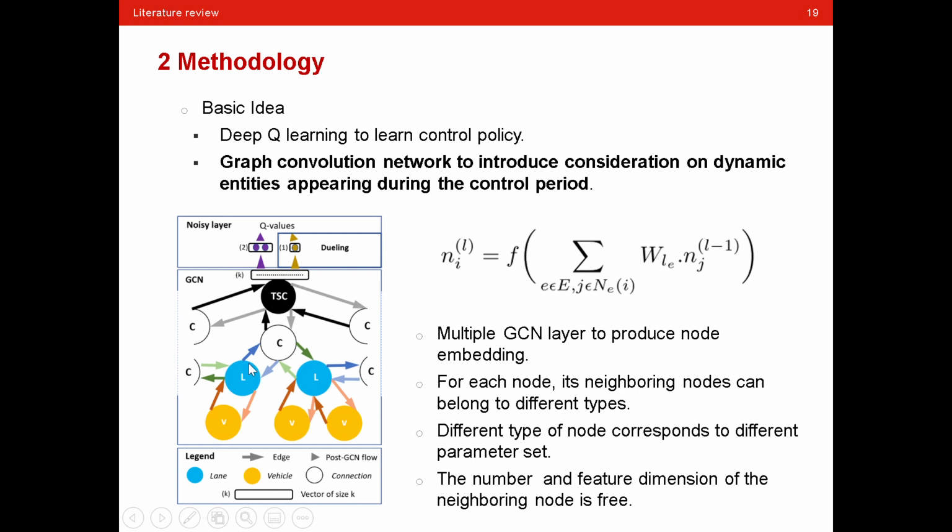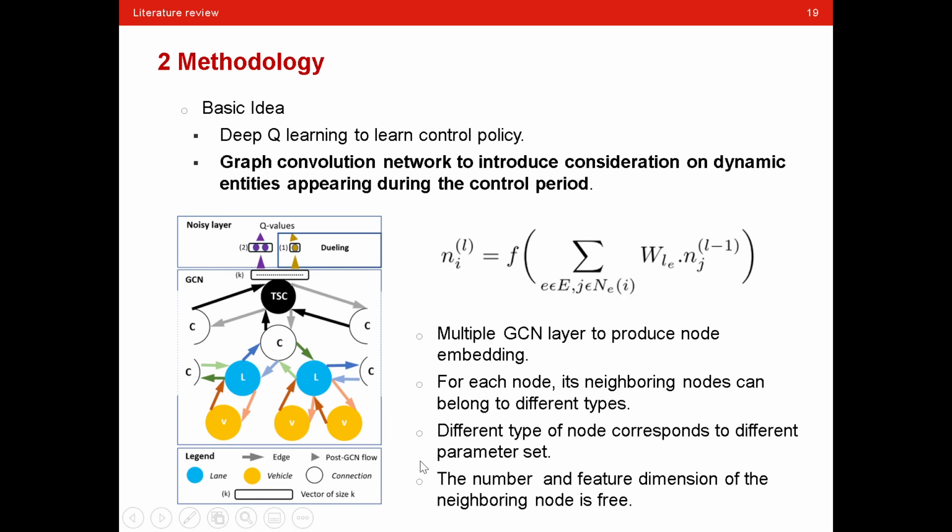These two nodes are different, they have different types relative to the connection node. So this is the interesting part. And different types of node correspond to different parameter sets. That is, these parameters correspond to the type of nodes, so there will be multiple sets of nodes and multiple sets of parameters.